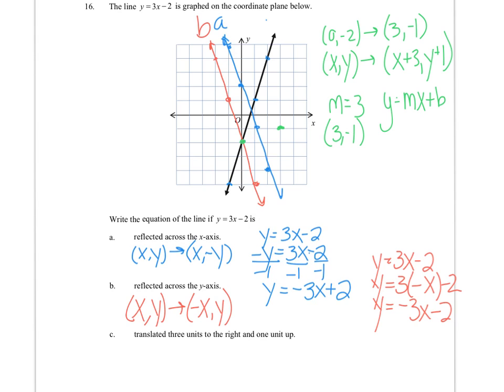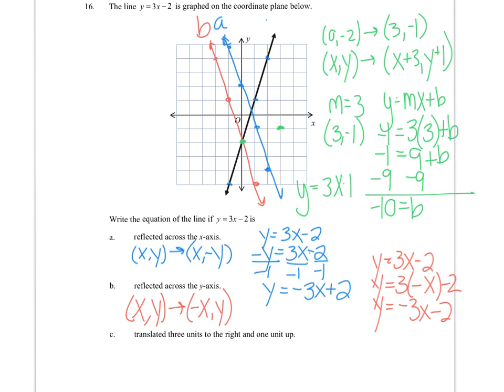So I can plug in that point. I can substitute in for y, negative 1. I can substitute in 3 for m, 3 for my x, plus b, and solve for b. So negative 1 equals 3 times 3, which is 9, plus b. Subtract 9, negative 9 and negative 1 make negative 10, which equals b. Therefore, our equation would be y equals 3x minus 10.